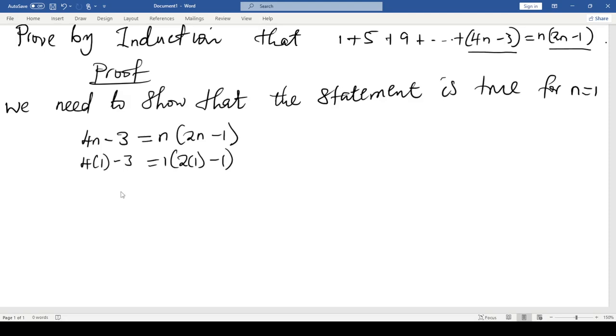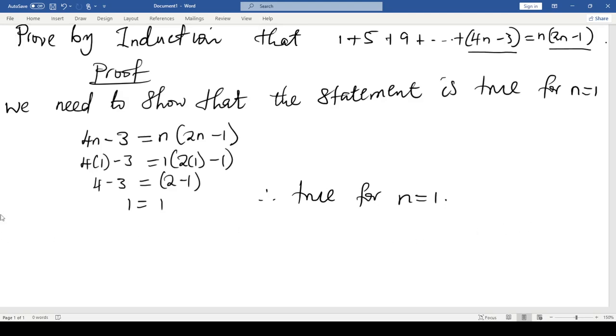So that's going to be 4 minus 3 being equal to 1 multiplied by anything, so it's going to be 1 there, so we have 2 minus 1. So here we're going to have 1 being equal to 1 this side. So this simply means that this is true for n equals 1 like this.